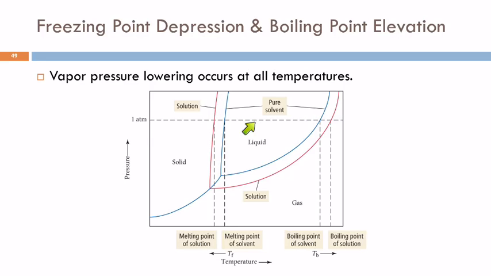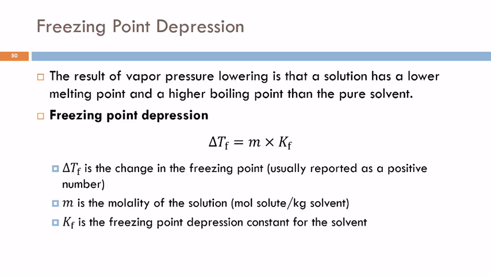So the temperature range over which it's a liquid now is larger. Okay? So the freezing point goes down and the boiling point goes up. The result of the vapor pressure lowering is that you have a lower melting point and a higher boiling point.